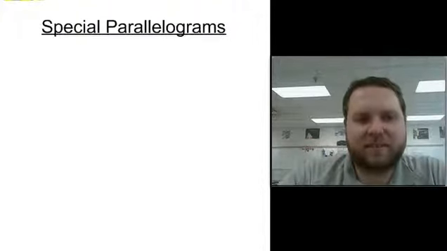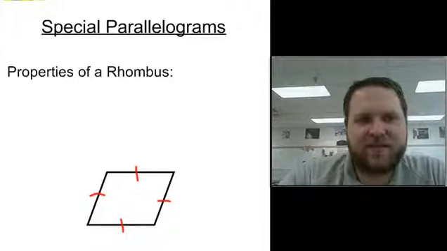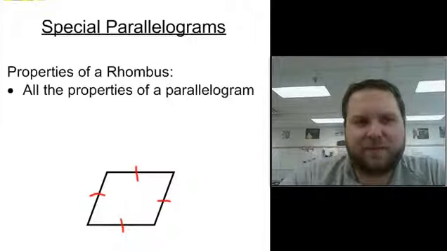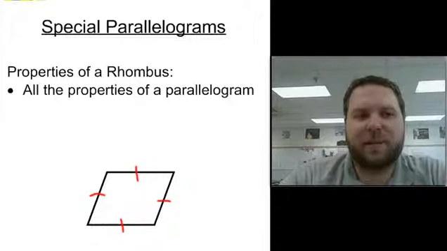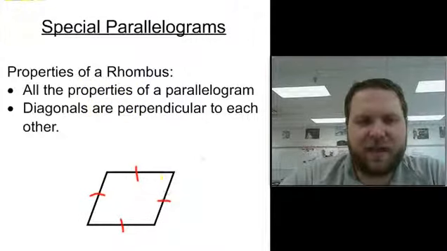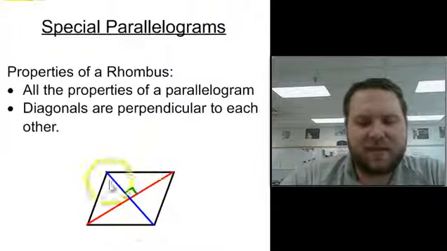Alright, so let's look at some of the properties of this one. So there's a rhombus. Here's what we know. It has all the properties of a parallelogram, just like I described with rectangles. So all that stuff still applies. But in addition to that, the diagonals are perpendicular to each other. So we can draw those diagonals in, and what we know now is that in a rhombus, those are going to be perpendicular to each other.